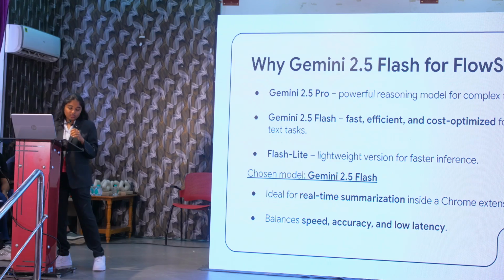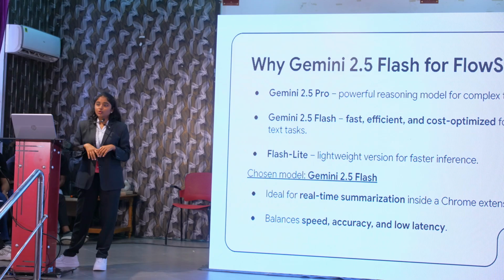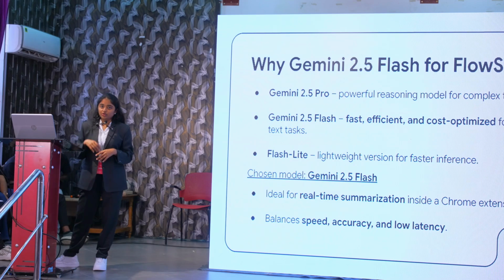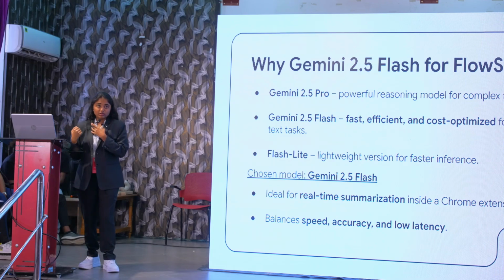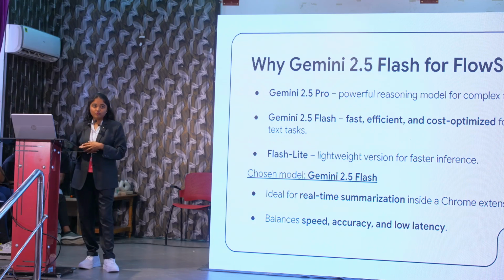Not only for an extension, whatever you are working on, you have to ask yourself why you need this. I could easily put in 2.5 Pro, but I haven't, because I don't need such a big model. It is a powerful reasoning model for complex tasks, but for summarization we don't need a complex task, right? So I came down to the slightly lower level, 2.5 Flash.